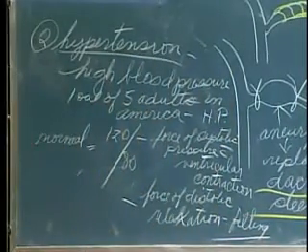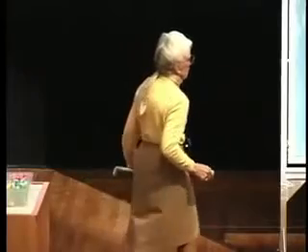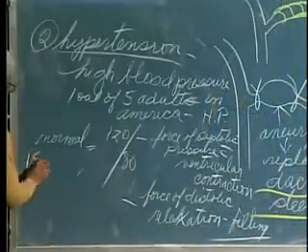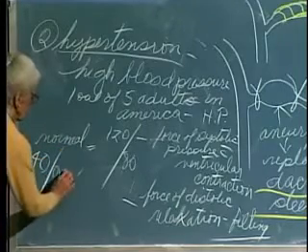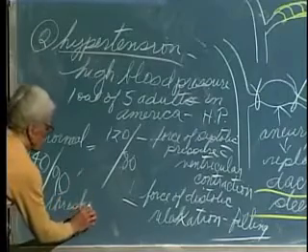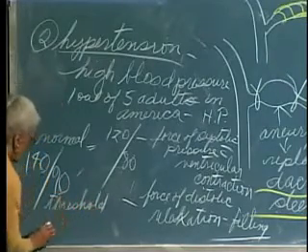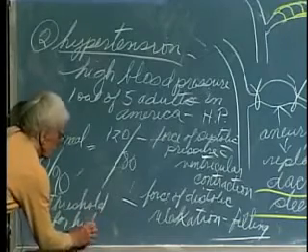So then what is the threshold that lets us know we're in trouble with our blood pressure? So the threshold for high blood pressure is 140/90. That's the threshold for high or hypertension.